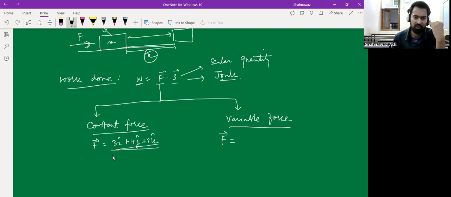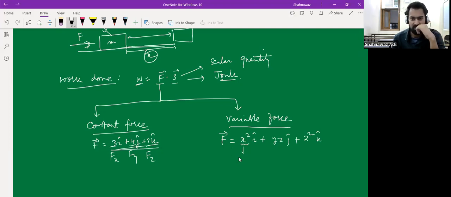Here fx is constant, fy is constant, fz is constant, but let's say you have x squared i plus yz j and z squared k hat. You see that your components are varying, so this will have some variation with position R. So this is a varying force.